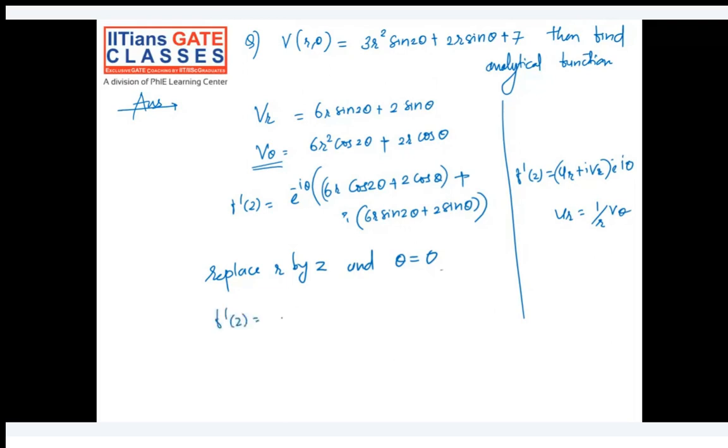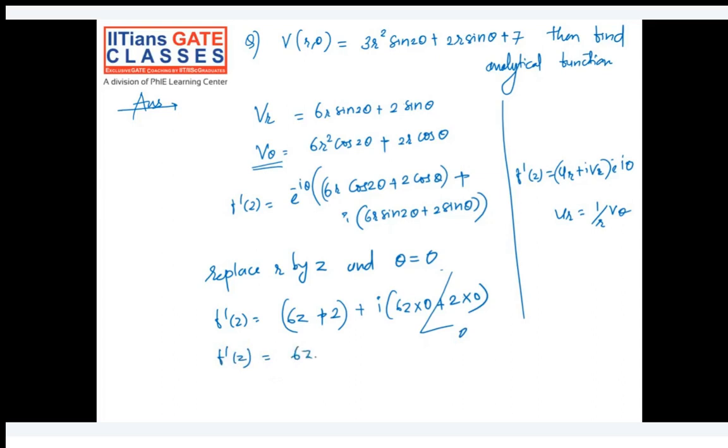Replace r by z, so it will become 6z cos 0, cos 0 is 1, so 6z plus 2, plus i times 6z sin 0, sin 0 is 0, and again 2 times sin 0 is 0. So basically this entire part will become 0. It is 6z plus 2. So f dash of z is 6z plus 2.